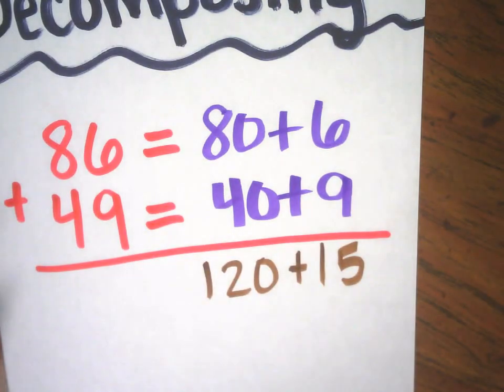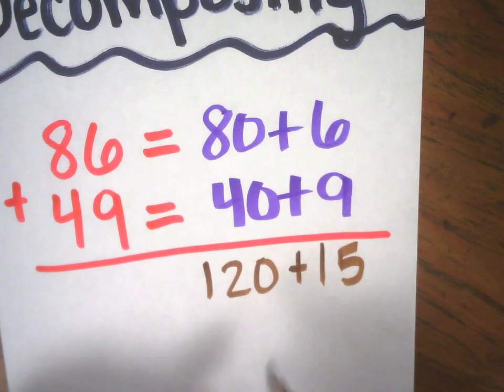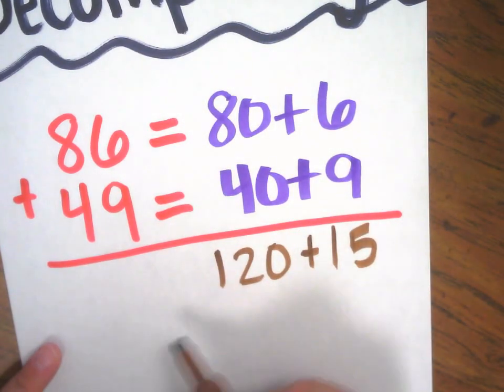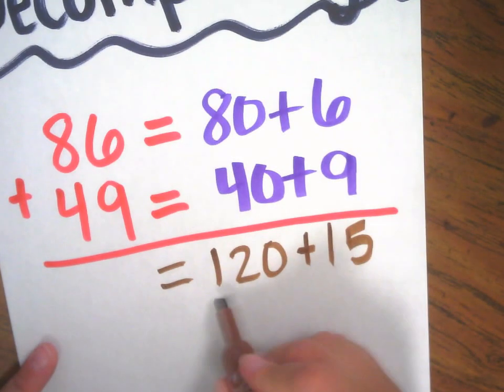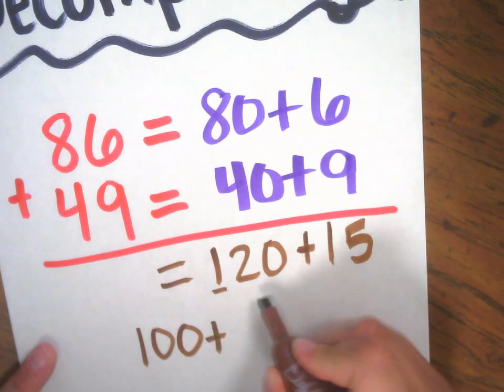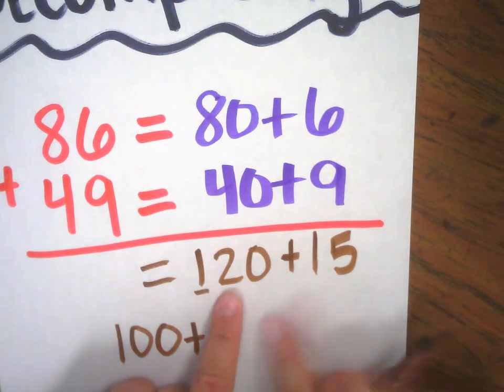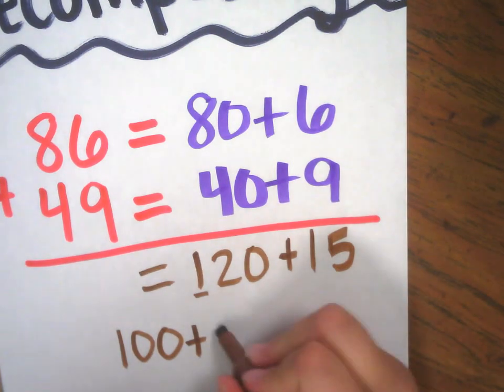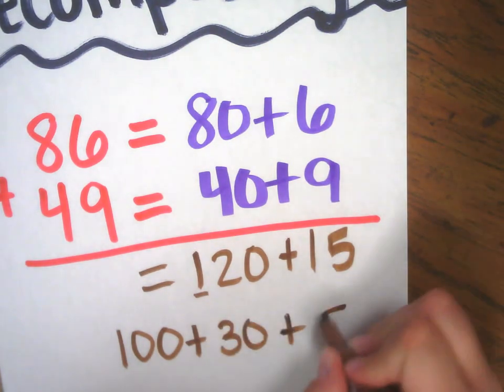Now, this is not correct expanded form on the bottom. So normally I would have the kids turn it into expanded form, which would look like this: 100 would go to the hundreds place. So this would become 100 plus, and then we have 20 plus one more 10 is 30, so plus 30 plus those 5 ones.